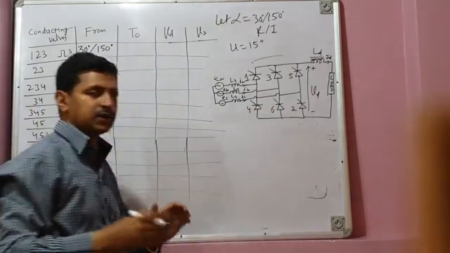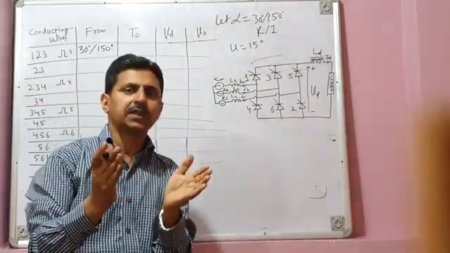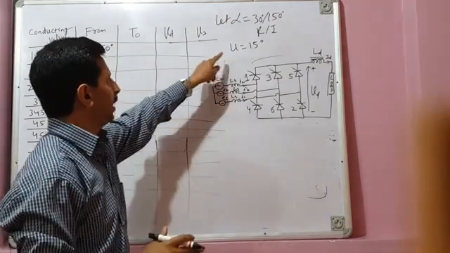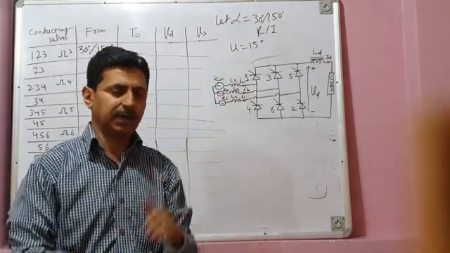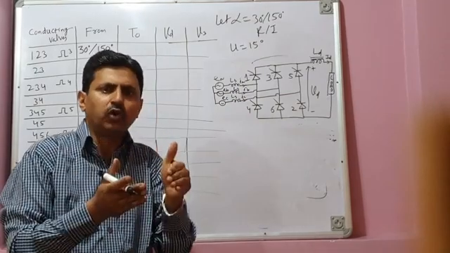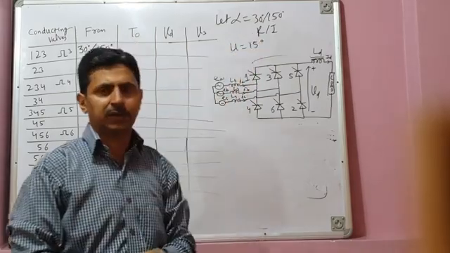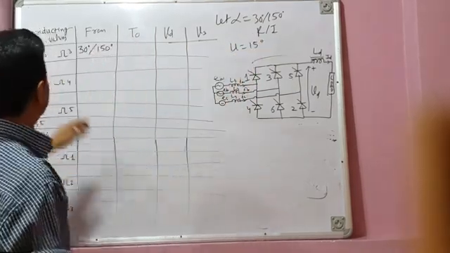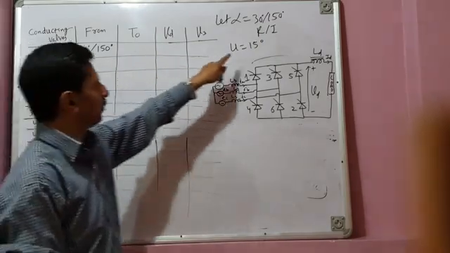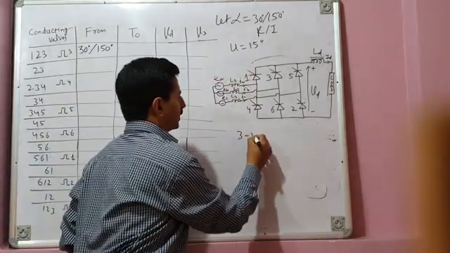Since we are considering mode 1, U less than 60 degrees, let us assume U is 15 degrees. The converter transformer reactance is low, system inductance is low, and it gives a commutation overlap of 15 degrees only.